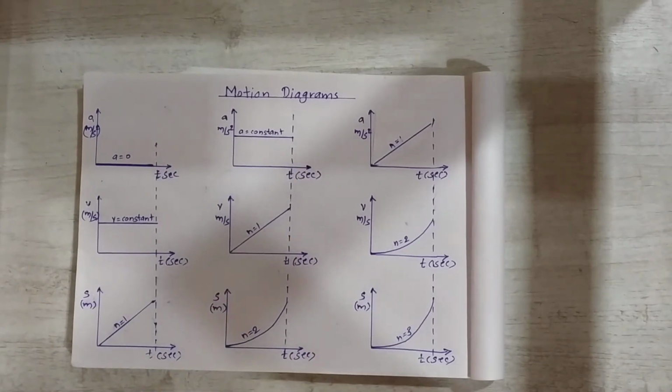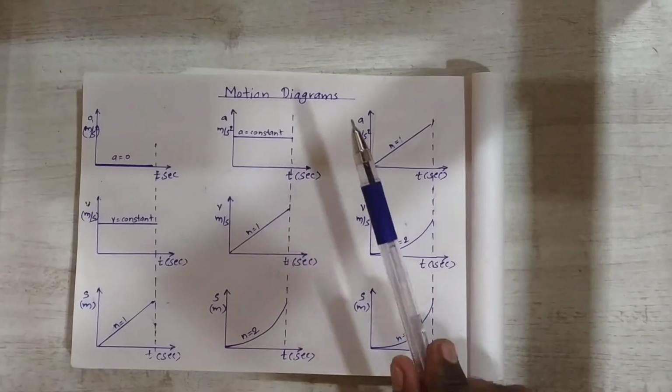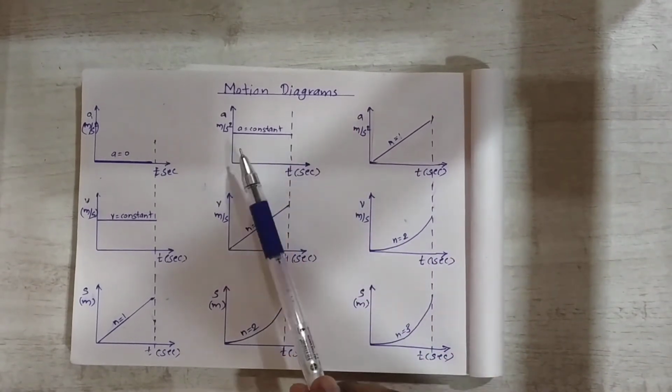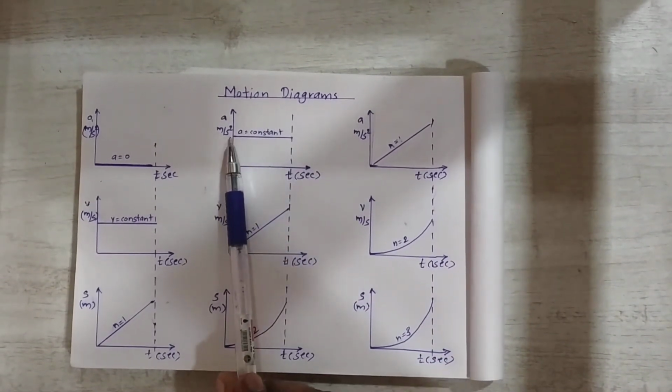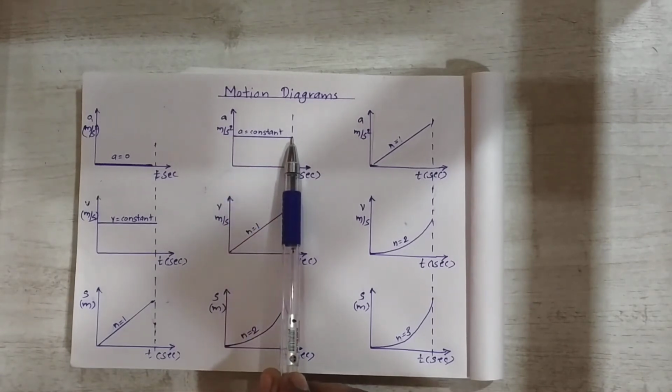Now when we go to the second column, it is clear what the relation is between these three diagrams and how we can draw them. In the very first diagram, acceleration is constant, A is equal to constant.